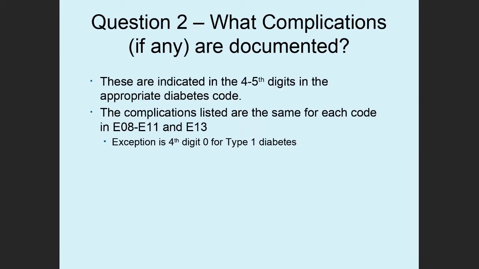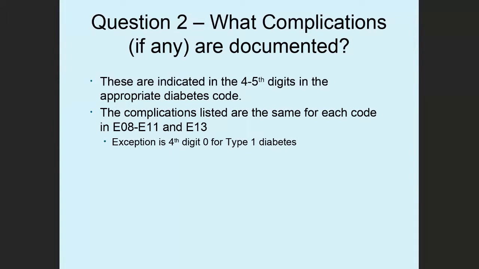Okay, question 2, what complications are documented? Each of the 5 categories has digits that indicate the complication. And they're almost all the same. They're parallel. So E08 has the same subcategories for complications as E11 and E13.